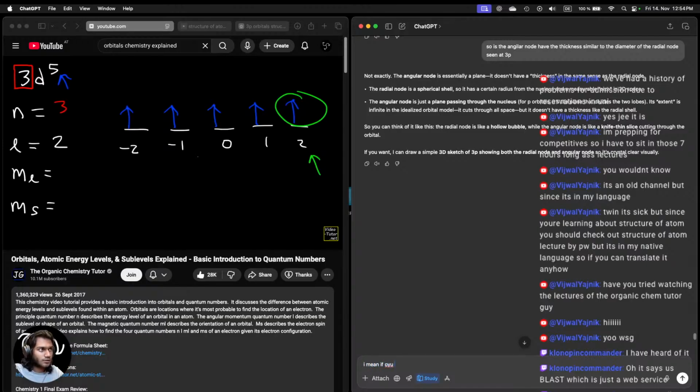If you want to observe the electrons on the 3p subshell, the probability of seeing one at the angular node is 0.